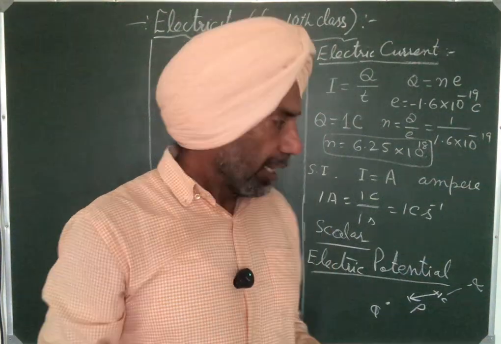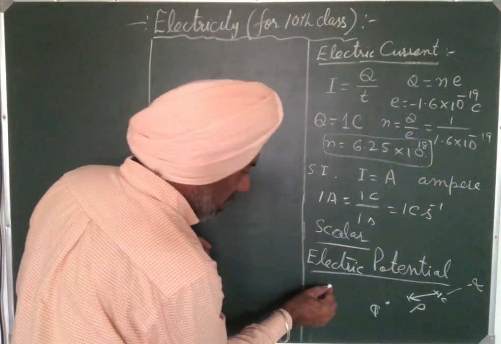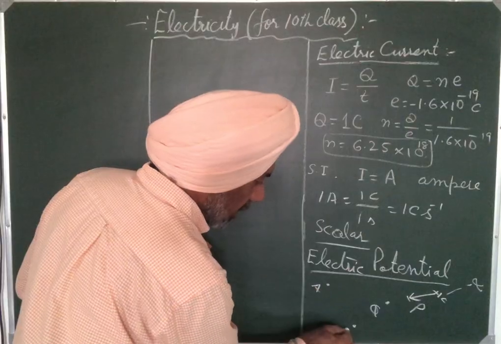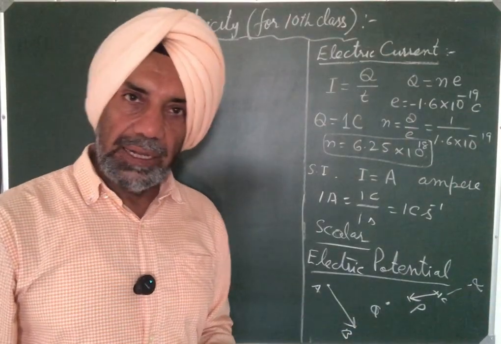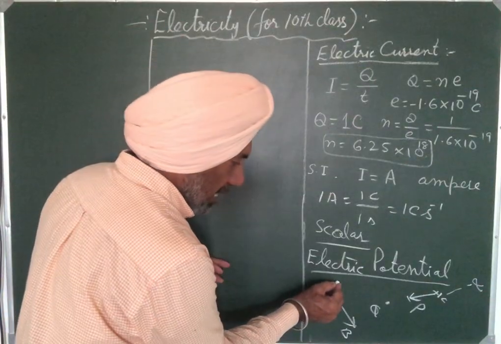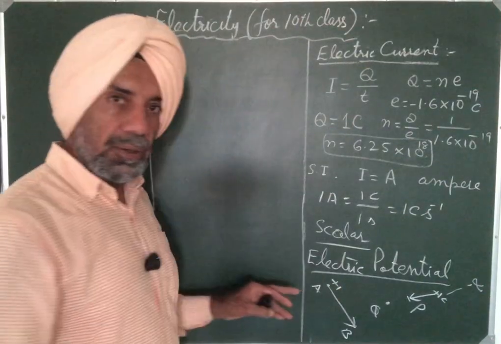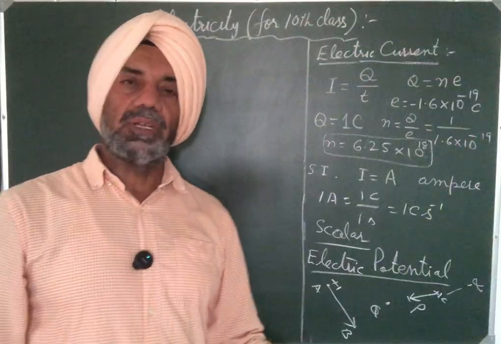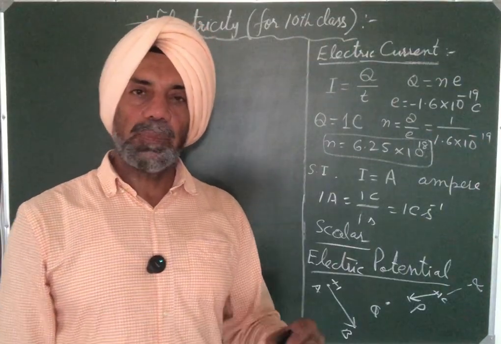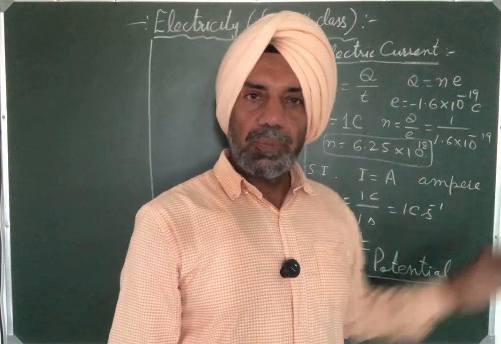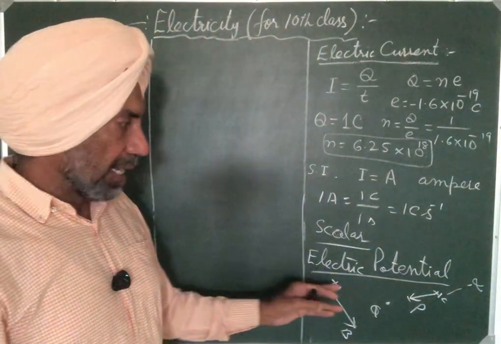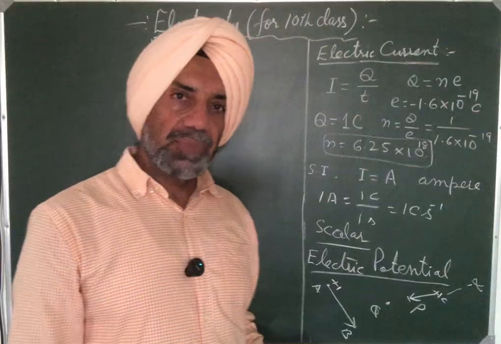If we have to define potential difference between 2 points A and B, then the amount of work done in bringing a unit charge from one point to another point is called potential difference between 2 points, because at infinity potential is 0. So we take simply electric potential at a given point.